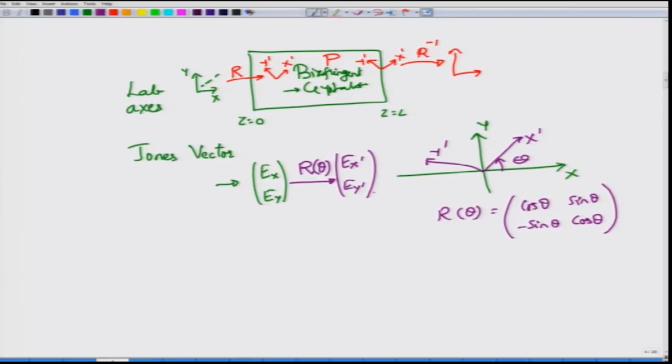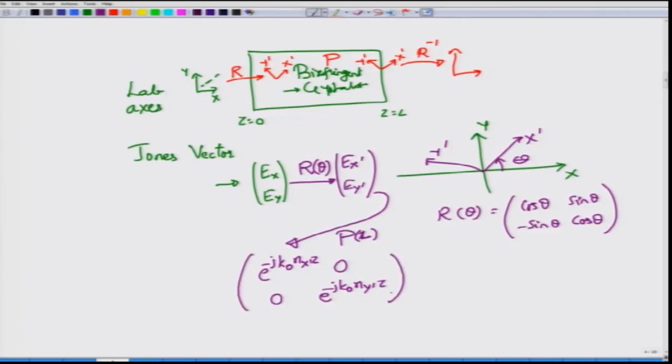Now, Ex prime Ey prime have to propagate through the crystal, which has a certain length, say L, or if you do not want it, you can just write it as z, and this propagation matrix will be e power minus j k 0 nx prime z, and e power minus j k 0 ny prime z, where k 0 of course is the free space wave vector. So, this is the propagation matrix.